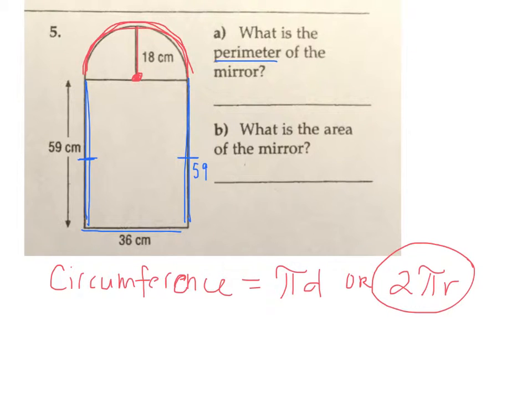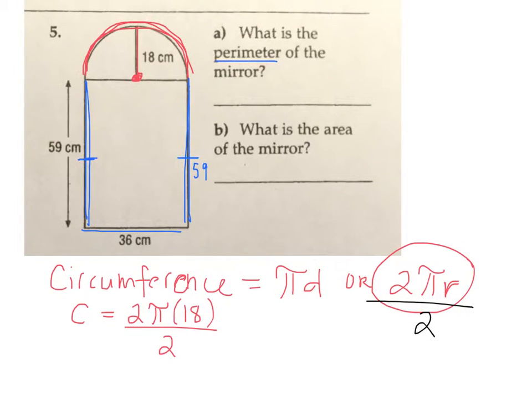If we're only looking at half of the circle, what would we do with the formula to find the semicircle? We would divide it by 2. Good. So let's find the circumference of the semicircle. Circumference is equal to 2 pi r, and the radius is 18 centimeters, and we're going to divide this by 2.